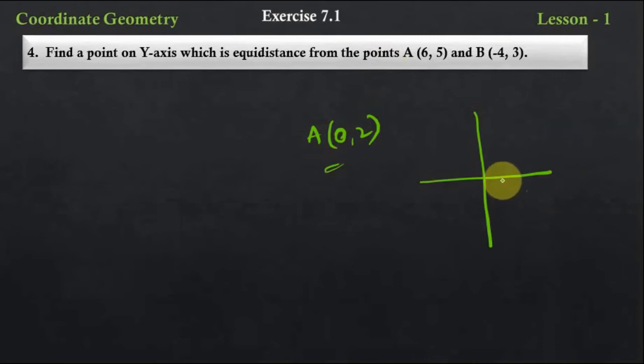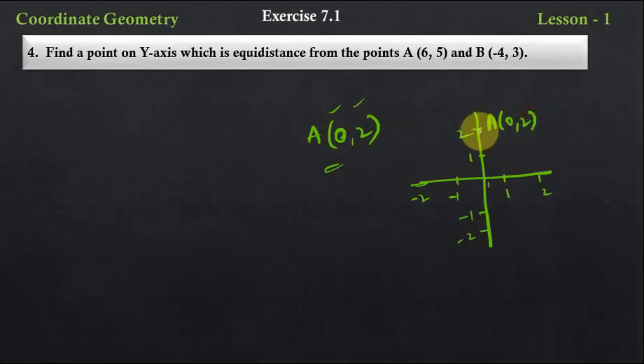See here. So how do you locate this (0, 2)? The x coordinate is 0 here, so it will not move anywhere. It will be on the origin itself, (0, 0), right? And then it will move towards y coordinate 2, means here. This is the point A (0, 2).